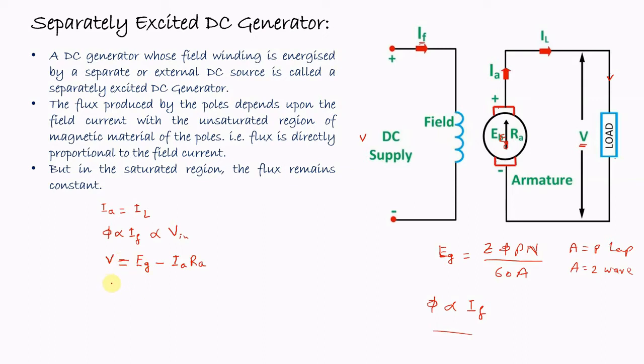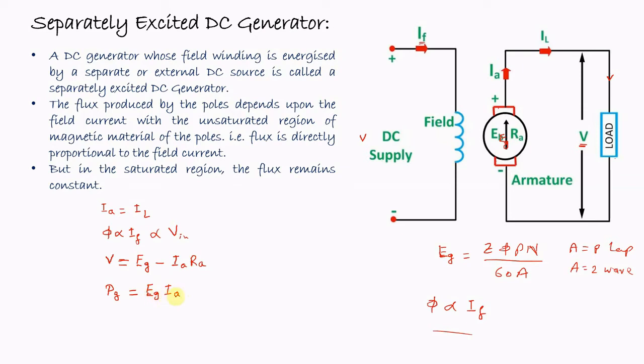The power which is developed in the armature is considered as the generated power, PG. It is basically the product of generated EMF into armature current. EG is the EMF generated in the armature. IA is the current flowing through the armature windings.